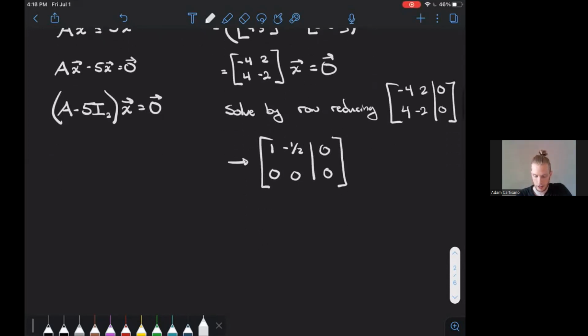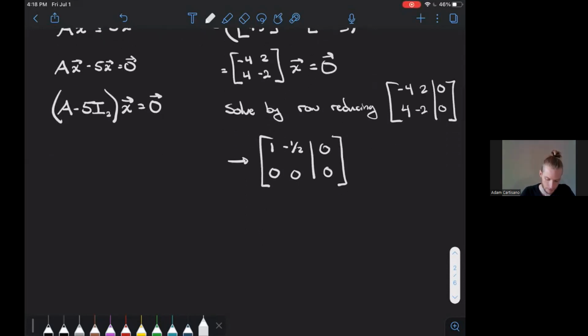In other words, if x is x1, x2, then this is telling us that x2 is a free variable, and x1 equals 1/2 x2.